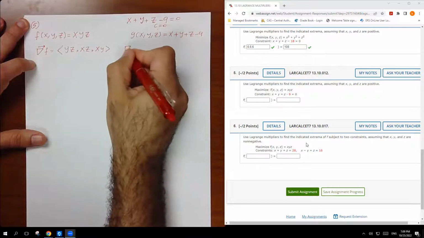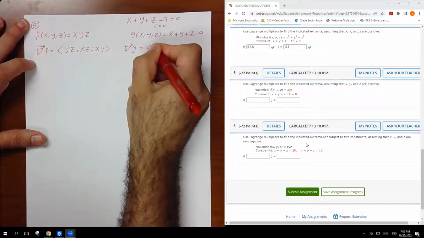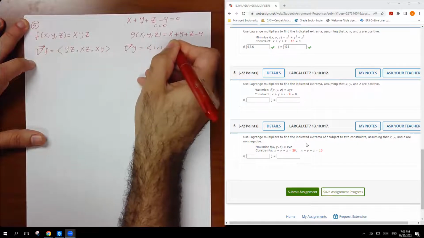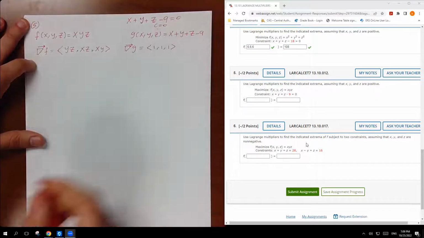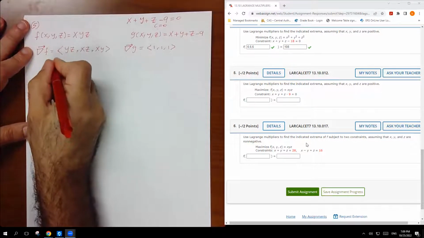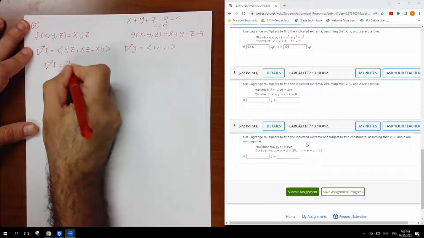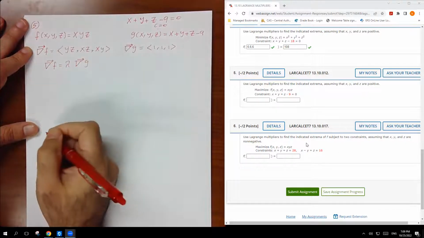And the gradient for g is going to be 1, 1, and 1. Let's check. x plus y plus z minus 9 equals 0. That's right. Now, the gradient for f is going to be equal to lambda times the gradient for g.